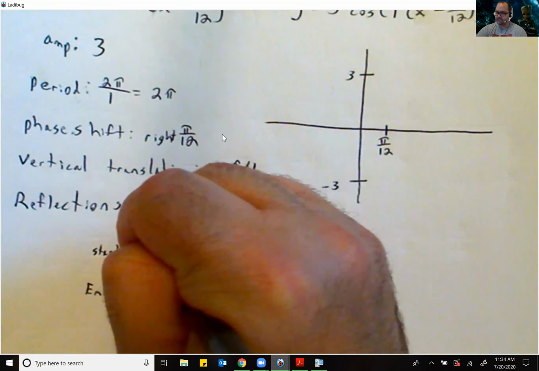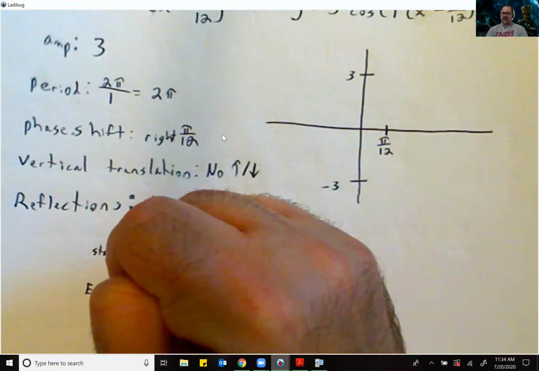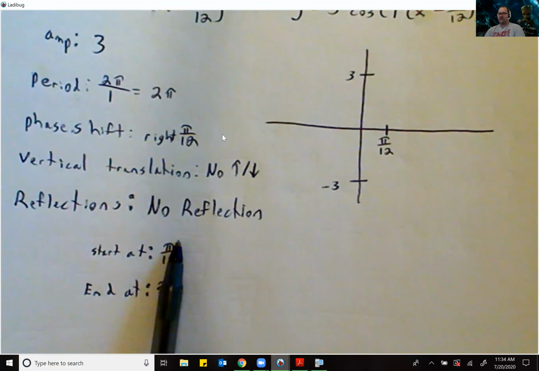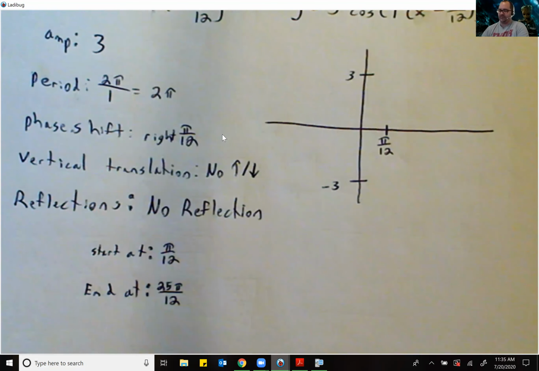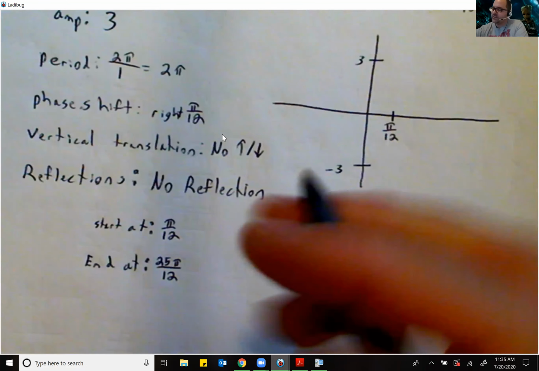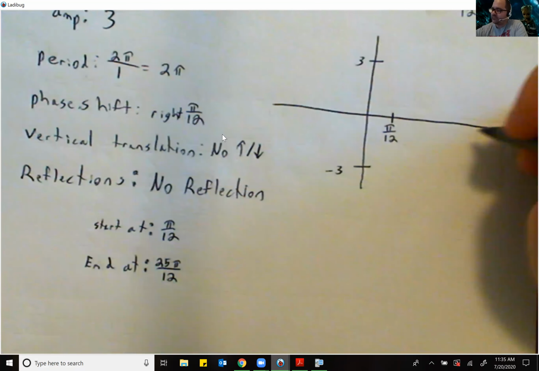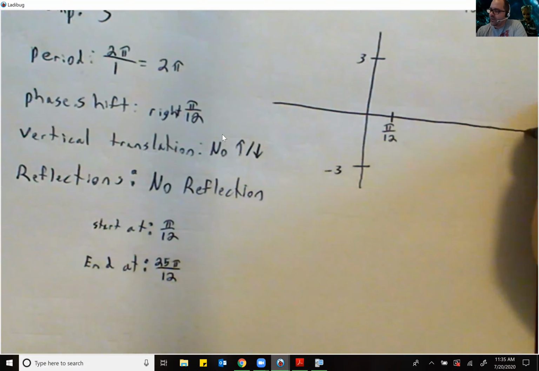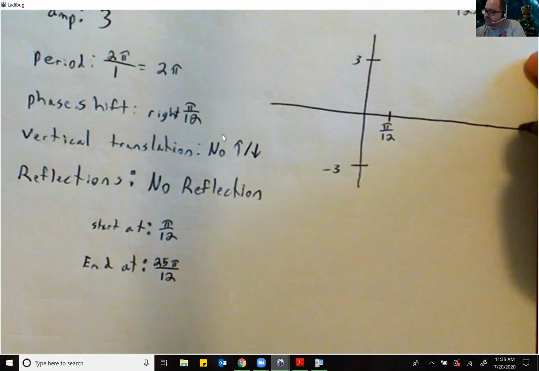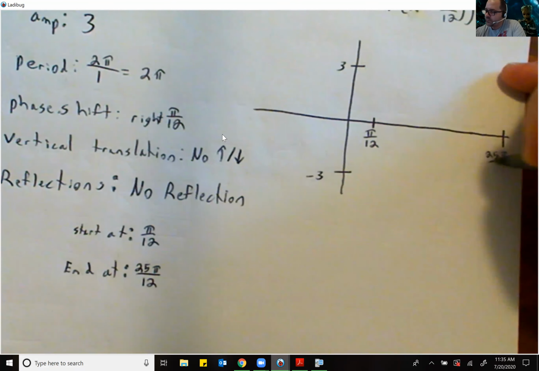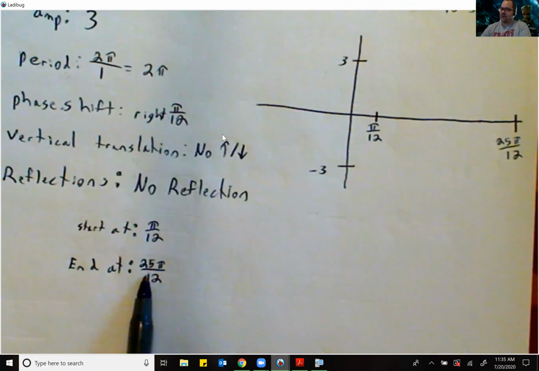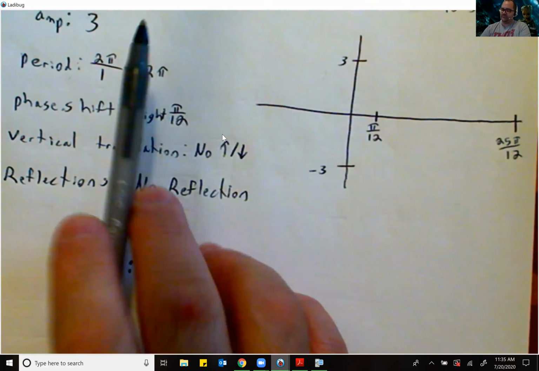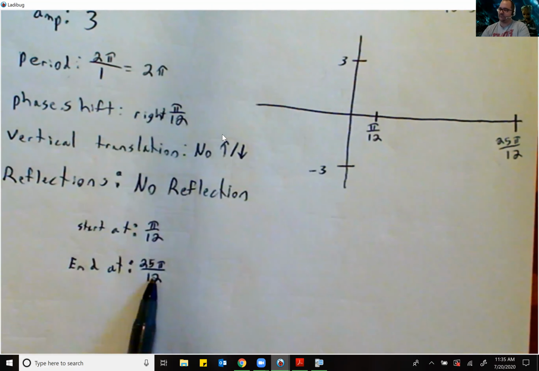And now that I know the beginning and the end, all I do is find 3 midpoints. I know my graph will end at 25 pi over 12. All I did was take pi over 12 plus the period of 2 pi. That's how I got that.